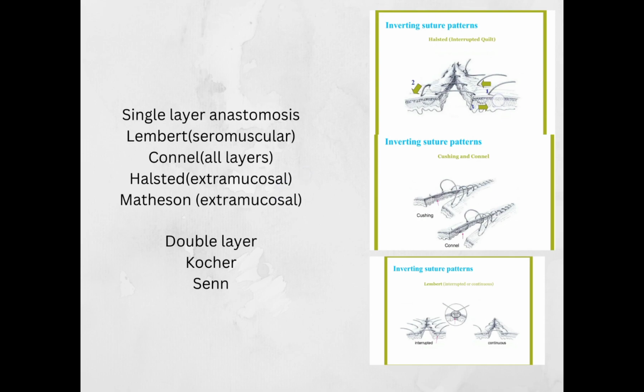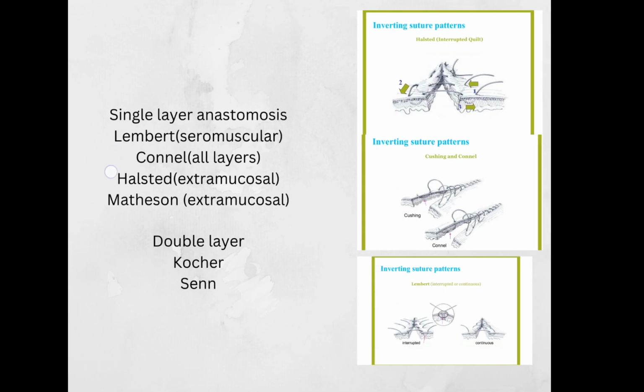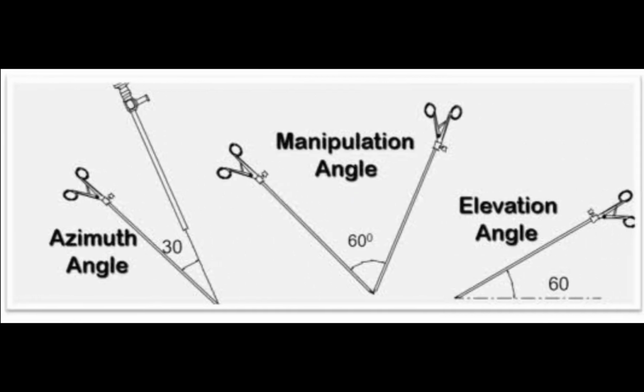Halsted does not include the mucosa, and Matheson is also extramucosal. Lambert, Connell, Halsted, and Matheson are all single layer anastomosis. While in double layer we have Czerny and Sands. Just remember the names, no need of remembering this much detail. Just remember which are single layer and which are double layer.